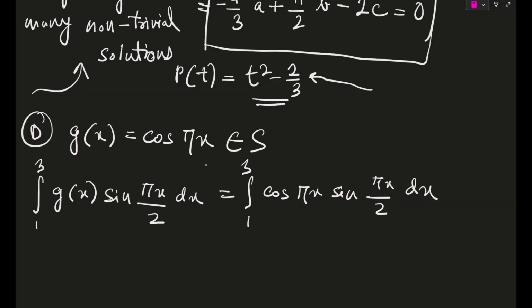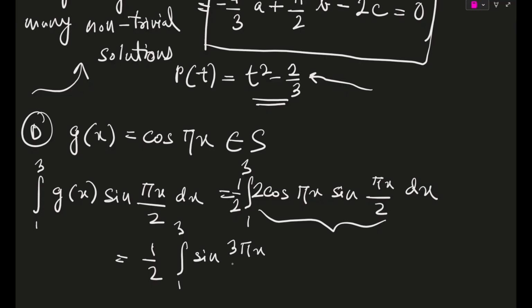What I will be doing is really simple. I will multiply and divide by 2, so this becomes a trigonometric product, and you will transform that using your transformation formula into a sum form. That will come out to be half integral 1 to 3 sine 3 pi x by 2 dx minus half integral 1 to 3 sine pi x by 2 dx.